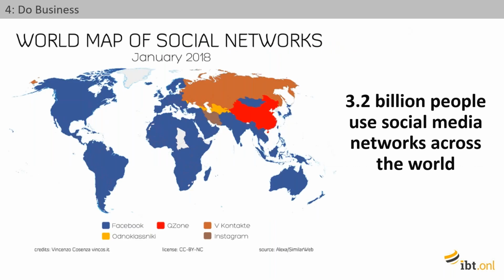Social media, as I said, 3.2 billion people now, actually it's more like 3.5 billion now, are online with social media. It's really become the core way of looking and attracting and engaging with the customers. Search engine optimization and social media are no longer really two separate online marketing strategies.